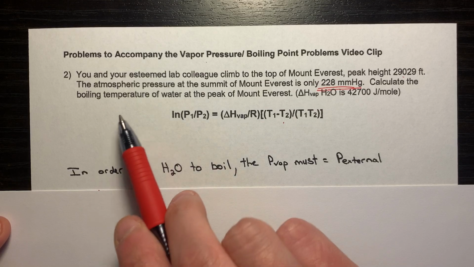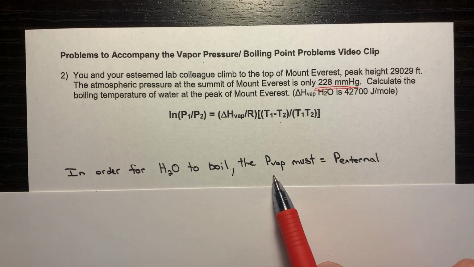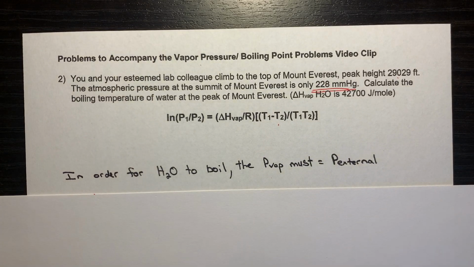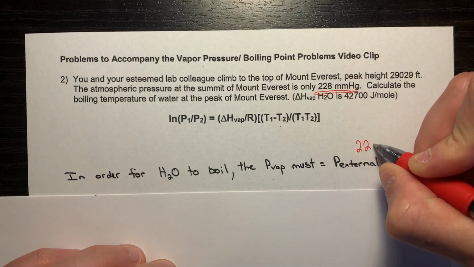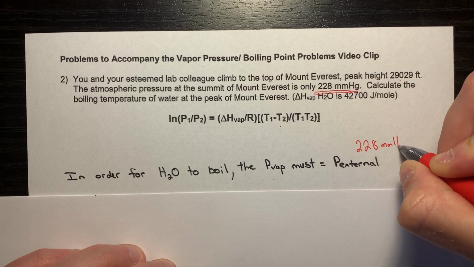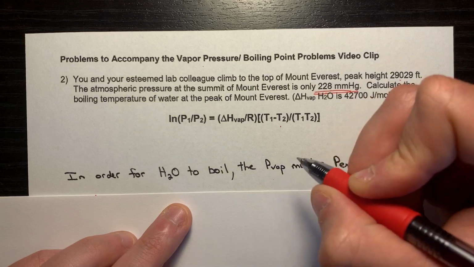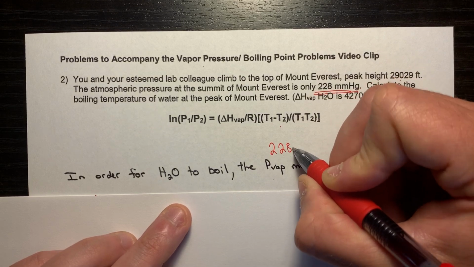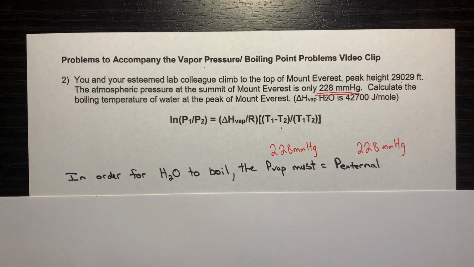That's what we're trying to solve for, the boiling temperature. In order for water to boil, we know that the vapor pressure has to equal the external pressure. And the external pressure is just the atmospheric pressure, the 228 millimeters of mercury. So essentially what we're asking is, what is the temperature where the vapor pressure for water is going to be 228 millimeters of mercury, okay?